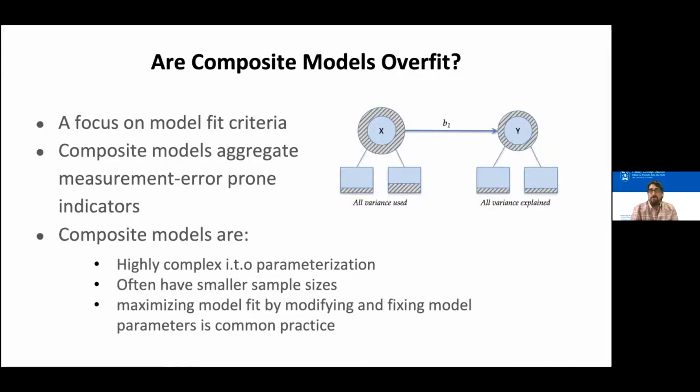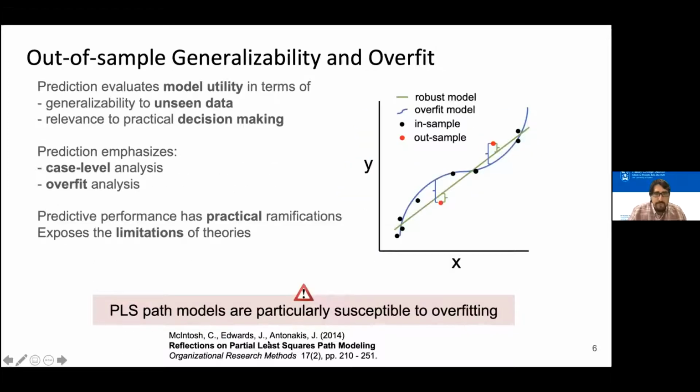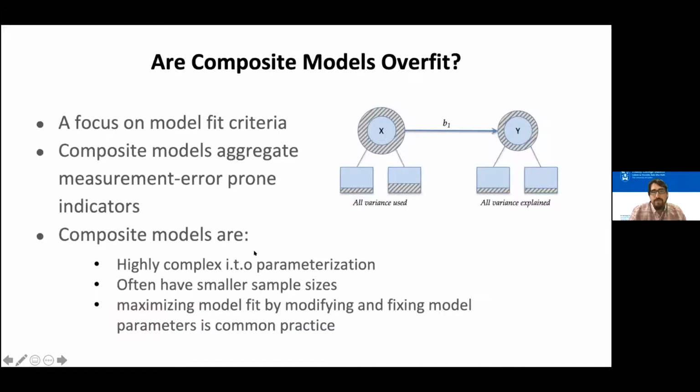And we'd see that the model would become overly fit to the error that's idiosyncratic to that data. So this is partially what the authors were alluding to when they said that PLS models are particularly susceptible to overfitting.